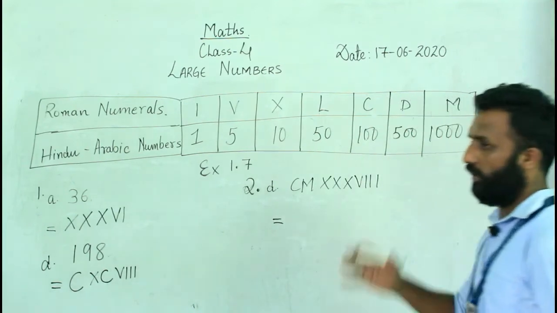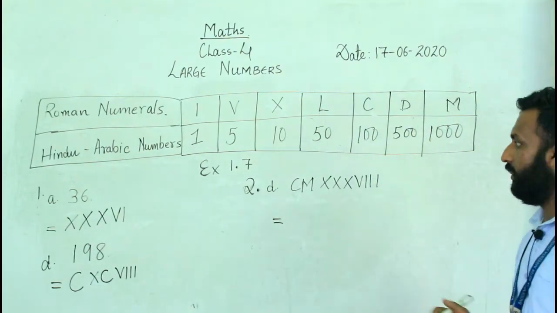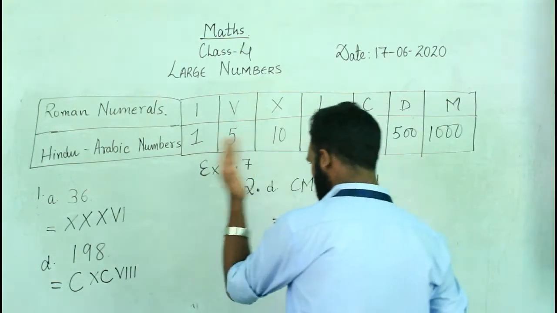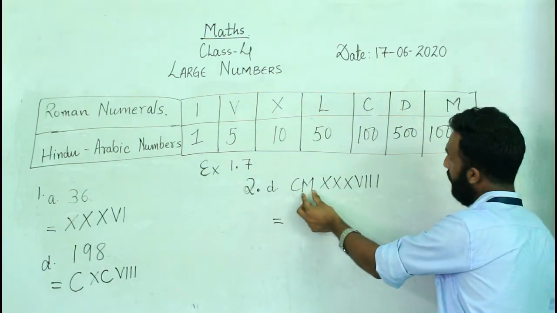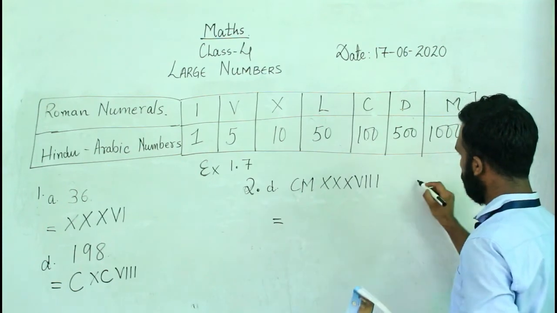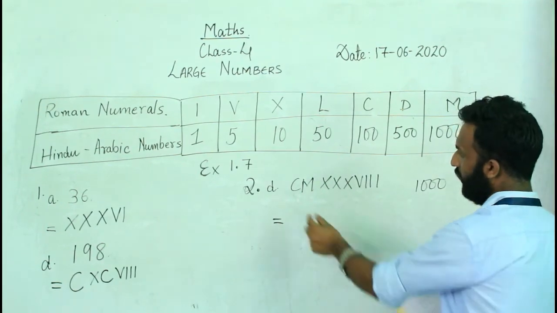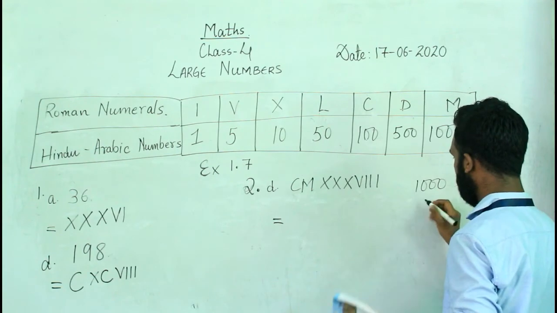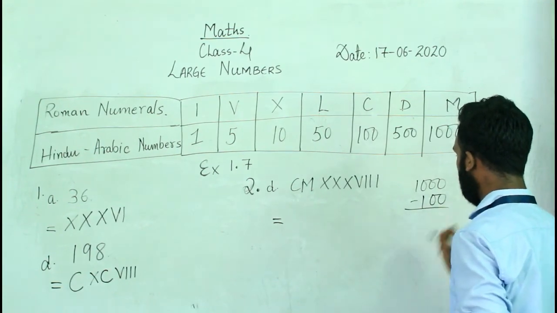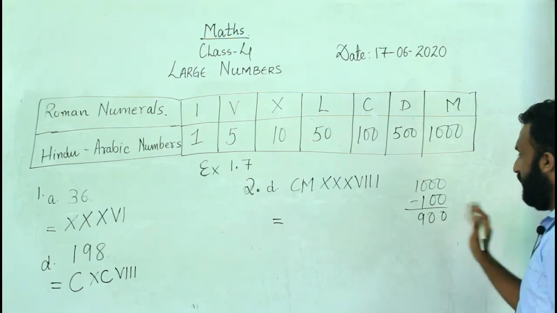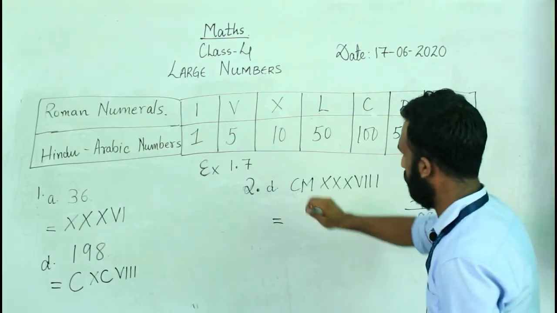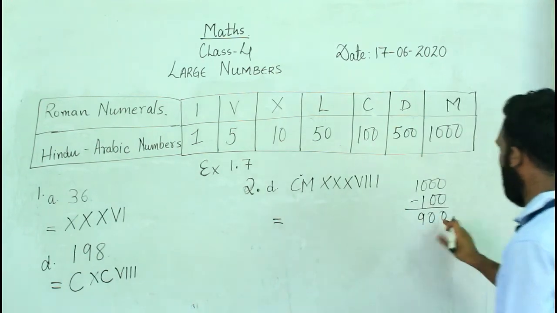As I told you, if the smaller letter is at the left side of the bigger letter, that means subtraction. M means 1000, the smaller letter C means 100. So 1000 minus 100 is 900. Till this we have got 900.